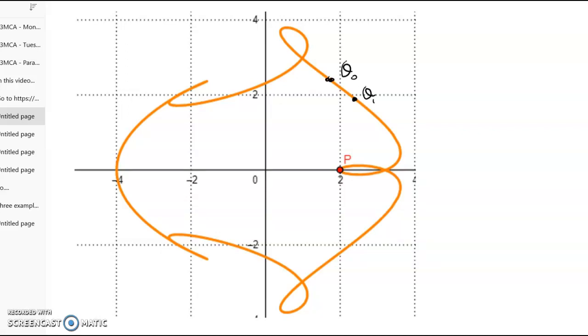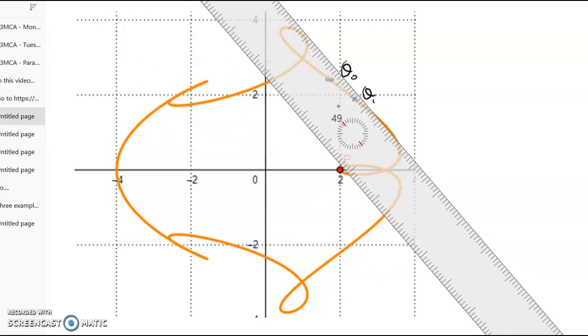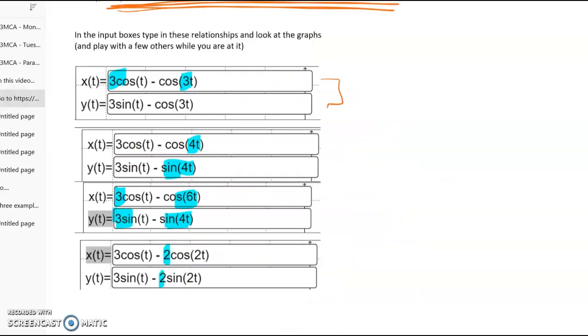And we can see that at a lot of places on this curve, we can draw a tangent, right? So the obvious question is, well, how do we get the gradient function when we're not working with an ordinary old y equals blah, blah thing? So the goal by the end of this exercise is going to be that we can take a set of parametric equations like these ones here, and we can differentiate them, and somehow we want to be able to find dy by dx.